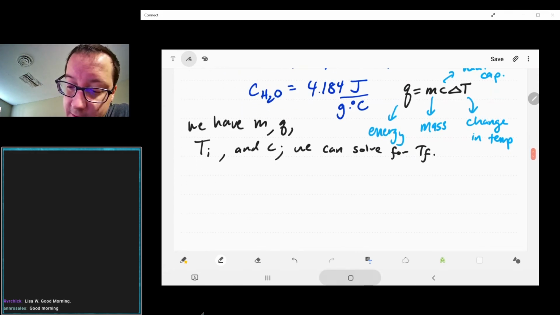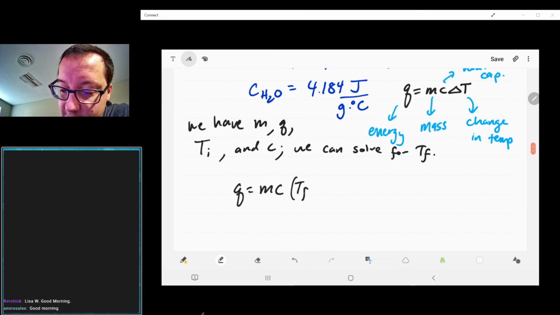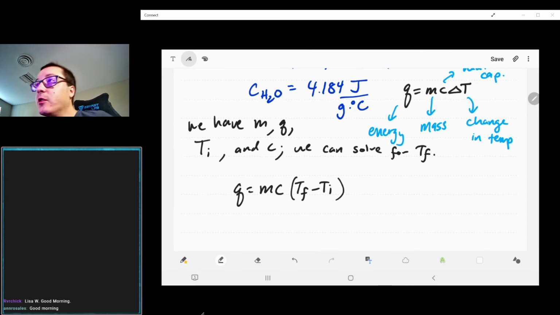Remember that delta T is the same thing as final minus initial, if we were to just replace delta T with what it means. So, if we are going to solve this equation, whenever you're solving equations, again, you have kind of two roads to go through. You can either just throw in all your numbers and then solve for the variable at the end, or you can solve for the variable first and then plug in your numbers.